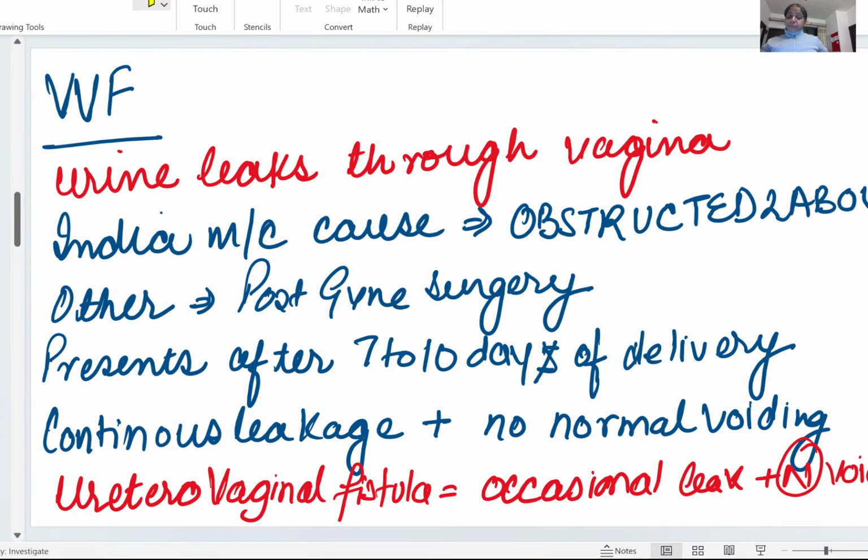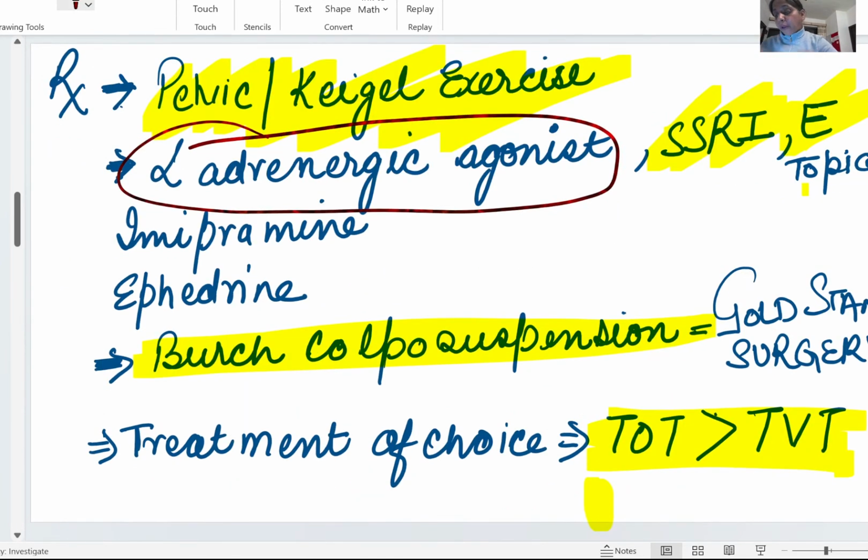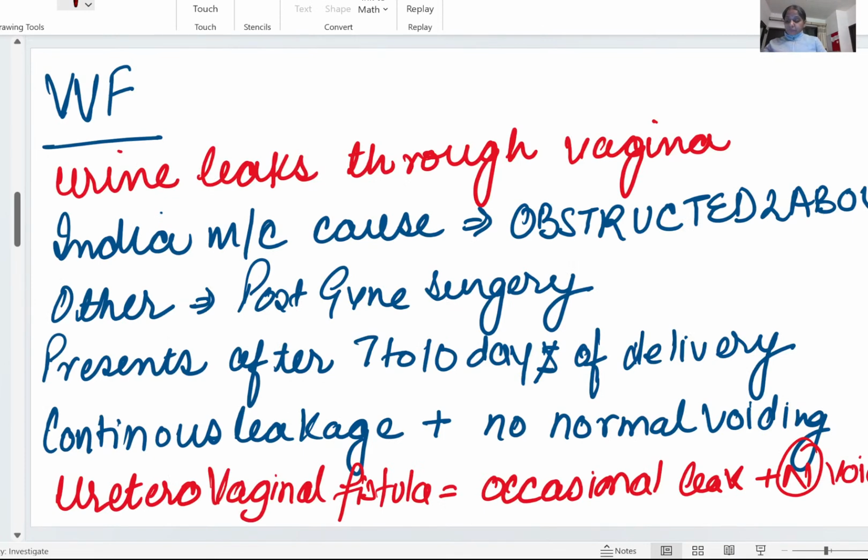And if they have asked the treatment of choice, then it is transobturator tape or transvaginal tape, because this is an OPD procedure. Very good, Dr. Jessica.